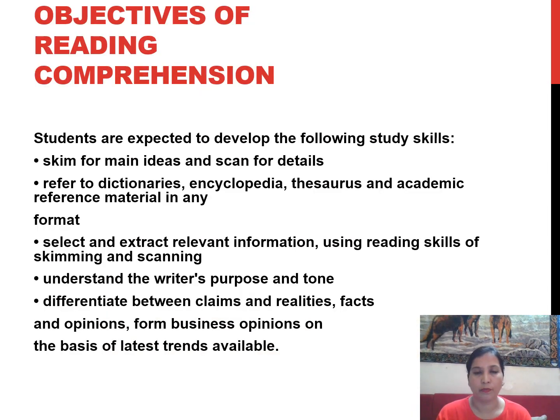Now the objectives of reading comprehension. There are many objectives. Some of them are that students are expected to develop the following study skills: skim for main ideas and scan for details, refer to dictionaries, encyclopedia, thesaurus, and academic reference material in any format, select and extract relevant information using reading skills of skimming and scanning, understand the writer's purpose and tone, differentiate between claims and realities, facts and opinions, and form opinions on the basis of latest trends available.